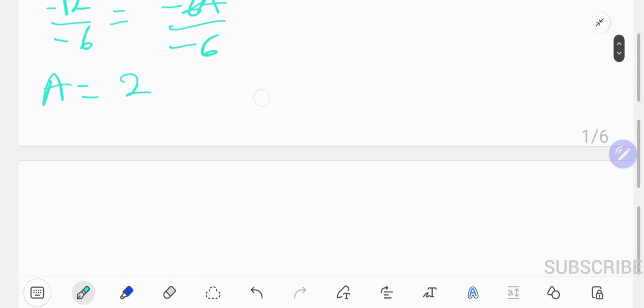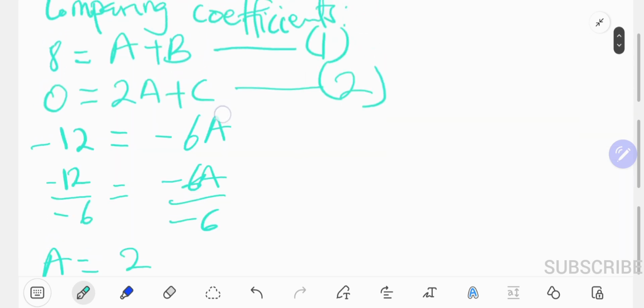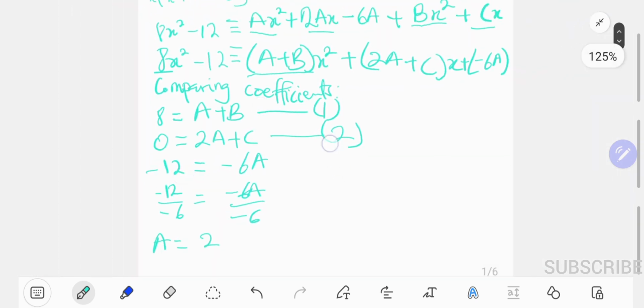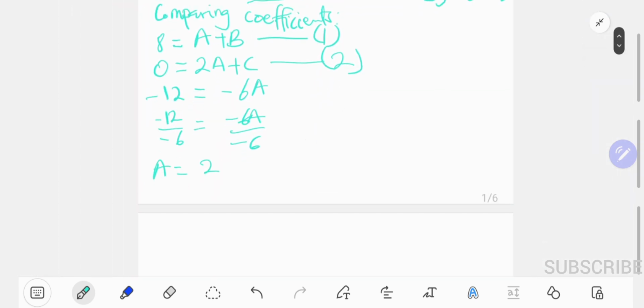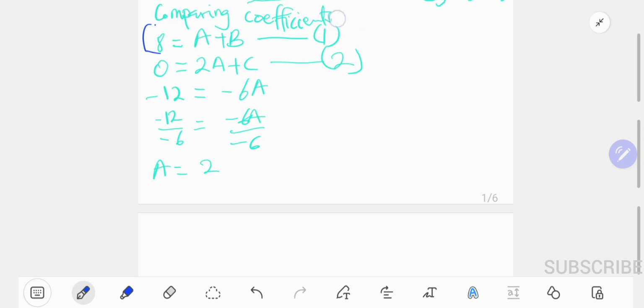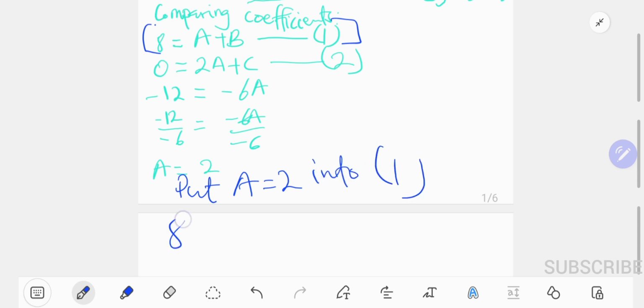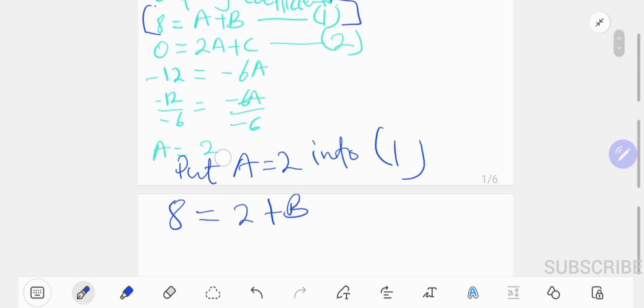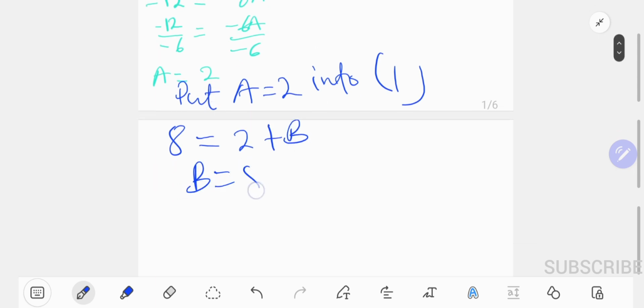So if we consider equation 1 and put a equals 2 into it, we are going to get 8 equals 2 plus b. Then b is going to be 8 minus 2, which is 6.